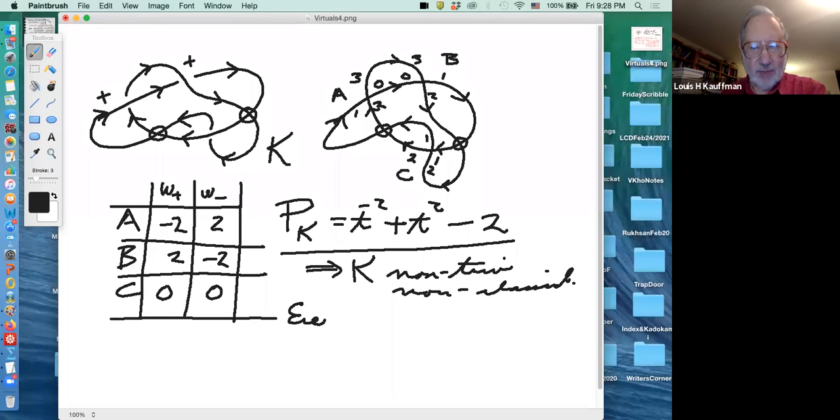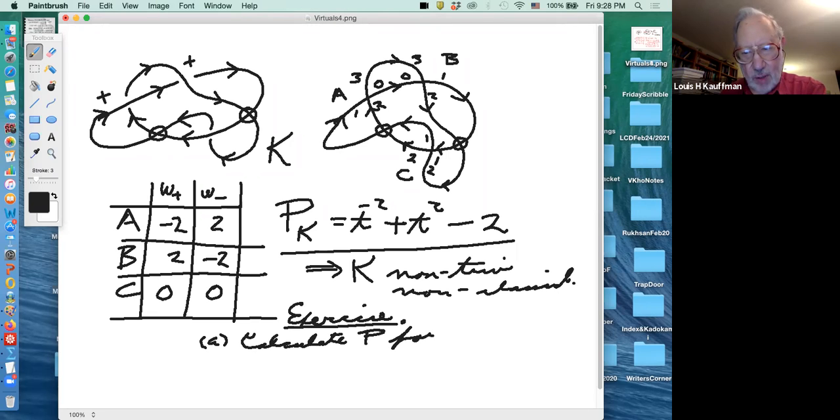So here's an exercise for you. Calculate P for another example K prime where the Jones polynomial of K prime is equal to 1.